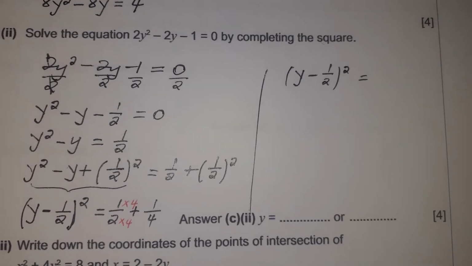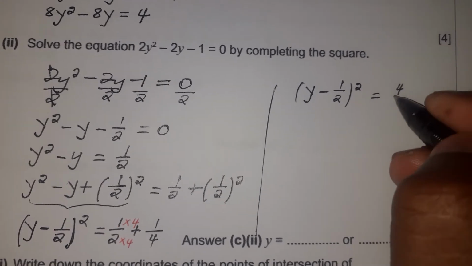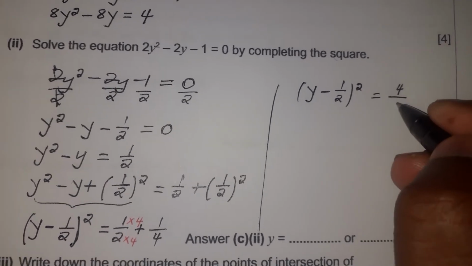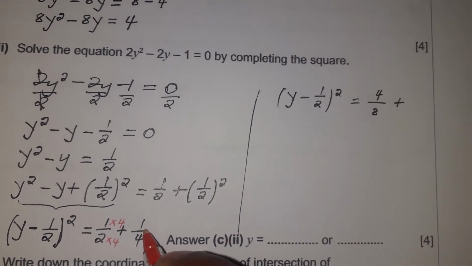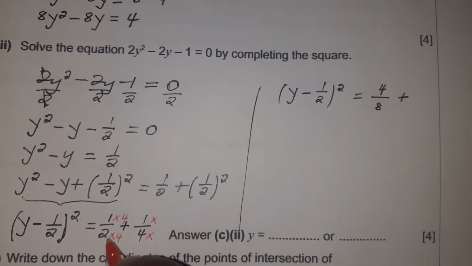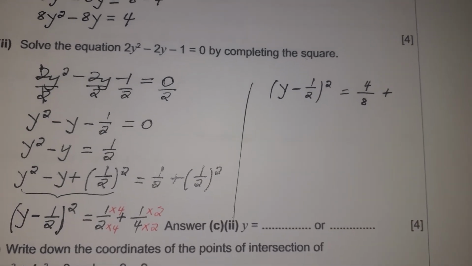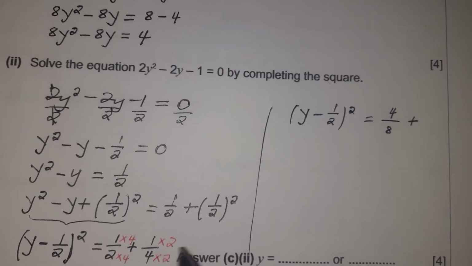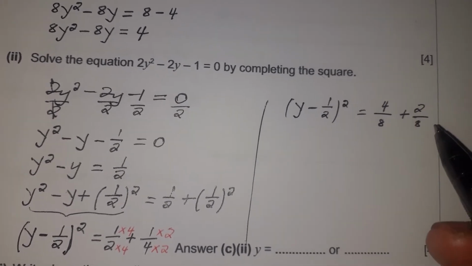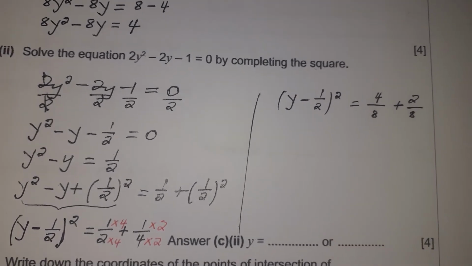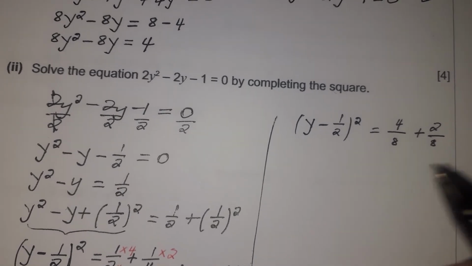Then we are going to have 1 times 4, which is 4, over 2 times 4, which is 8, and then plus, while this side we multiply top and bottom by 2. The aim is to have the same denominator. Then 1 times 2 is 2 over 4 times 2 is 8. Now that we have the same denominator, we only need to add the numerators.